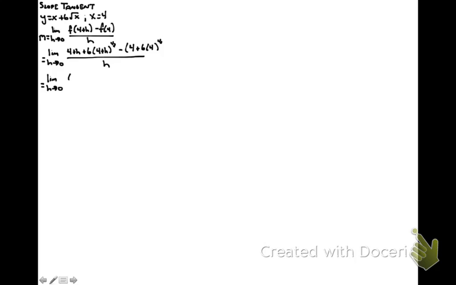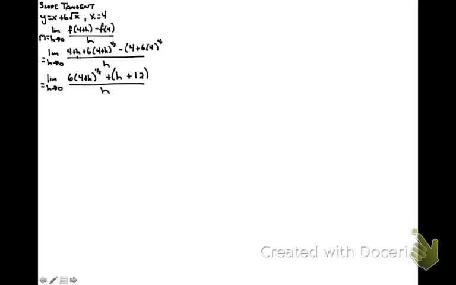We end up with 6 times 4 plus h to the 1/2 power plus h plus 12, and I'm going to write it this way. And this will all be over h. Right? And so where did the h come from?